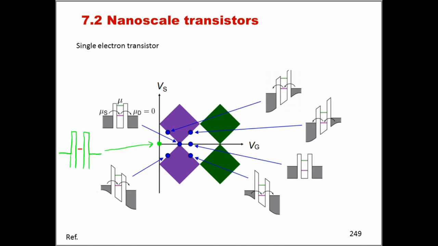To better understand this, people working on single electron transistors generally refer to this type of plot that shows where the transistor conducts current, which are these colored areas here, and where the transistor doesn't conduct current, which are these white areas here, in a plot where we are showing VG values and VS values.